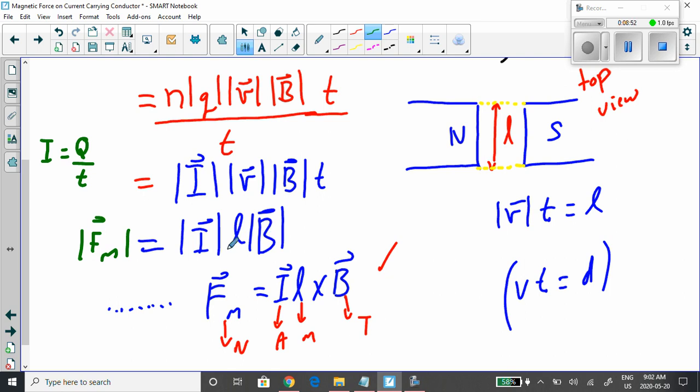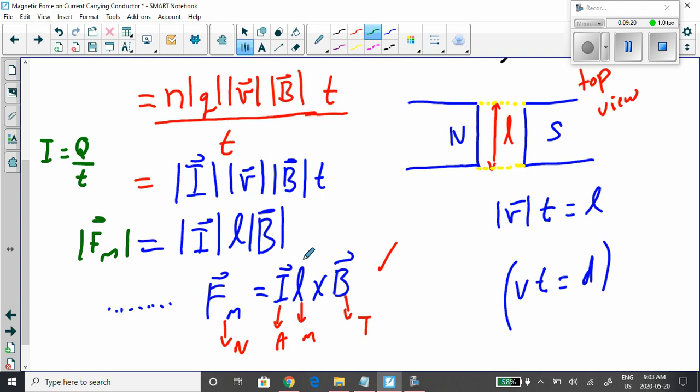And since this is a magnitude equation, this would be its corresponding vector equation. Force magnetic in newtons is equal to current in amperes multiplied by the length that the wire is exposed to the magnetic field in meters, cross product the magnetic field, which is in Tesla.